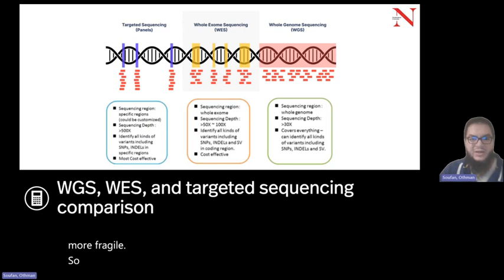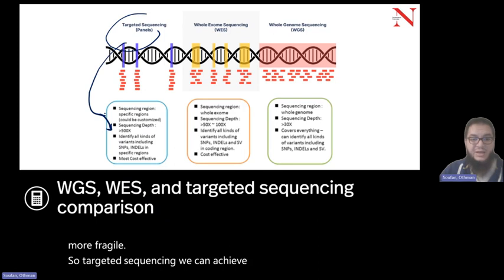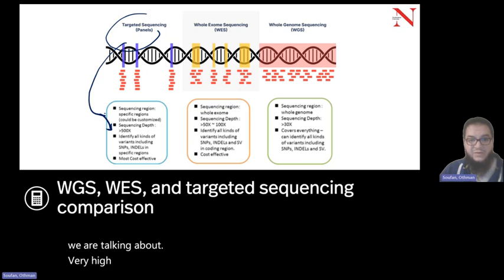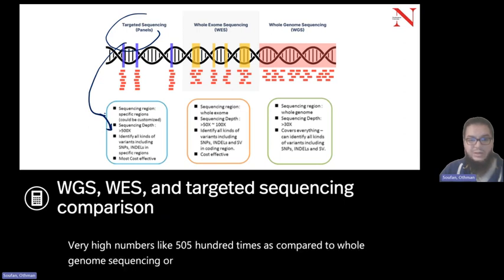So in targeted sequencing, we can achieve very high sequence depth. We are talking about very high numbers, like 500 times, as compared to whole genome sequencing or whole exome sequencing.